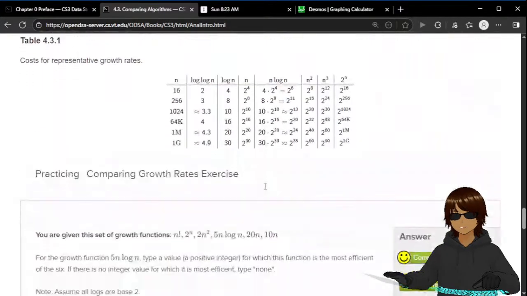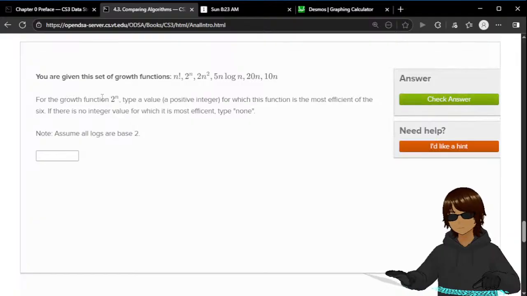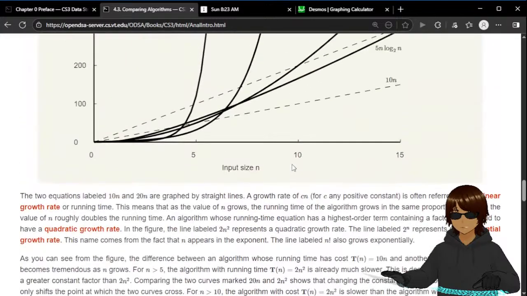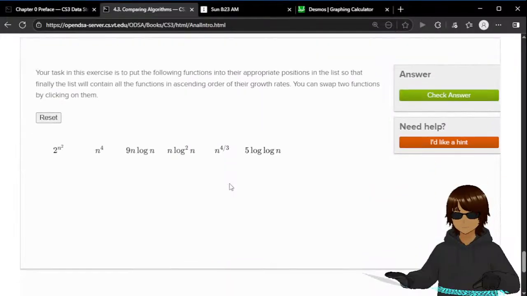Yeah. For the growth function 2 to the power of n, type a value for which this function is the most efficient of the six. If there is no integer value for which it is more efficient, type none. 2 to the power of n. Oh, I already did this. 5. We rank them. Okay.